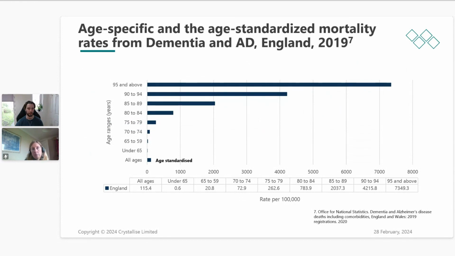And this is important because it shows that as the population ages, there will be an increase in the overall number of deaths, increase in the overall total prevalence associated with dementia, and of course, therefore a larger burden being placed on the healthcare system.